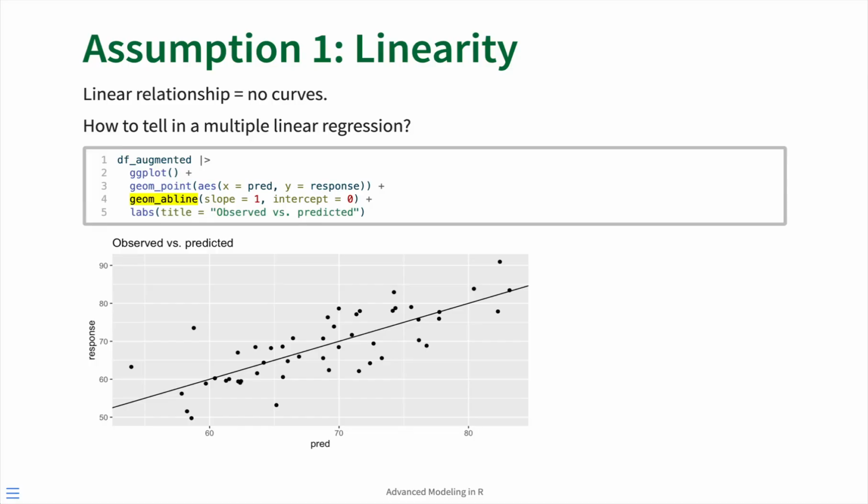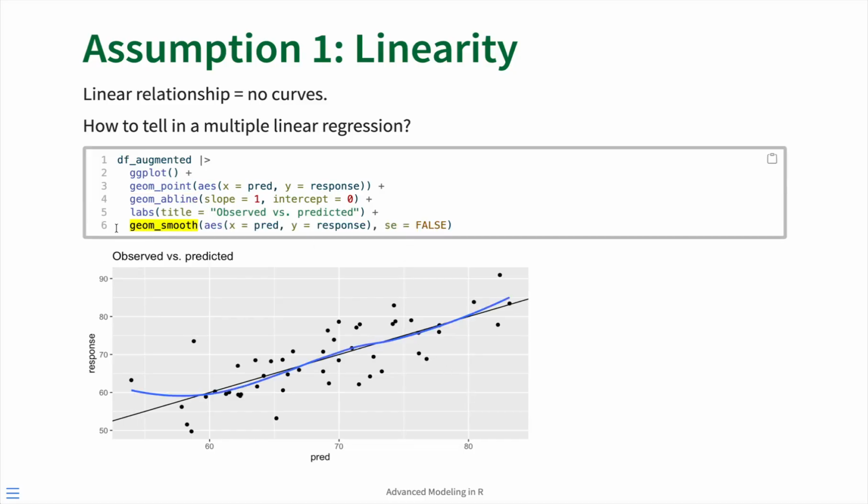And to help us determine that, we can plot a reference line using the geom_abline function like you see here. And this reference line should have a slope of 1 and an intercept of 0. Because if there is a linear relationship, then we should see that the predicted values and the observed values are relatively similar, so they should fall along a line with a slope of 1 that goes exactly through the origin.